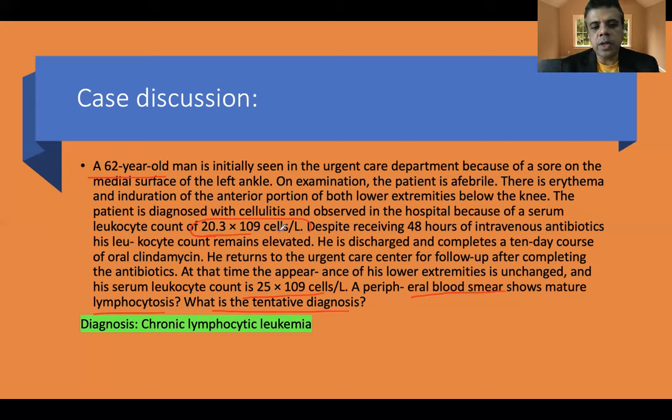So, 62-year age group, cellulitis, elevated WBC count, peripheral lymphocytosis, persistent elevated WBC count, all in keeping with chronic lymphocytic leukemia. That's how you need to approach various questions regarding chronic lymphocytic leukemia.